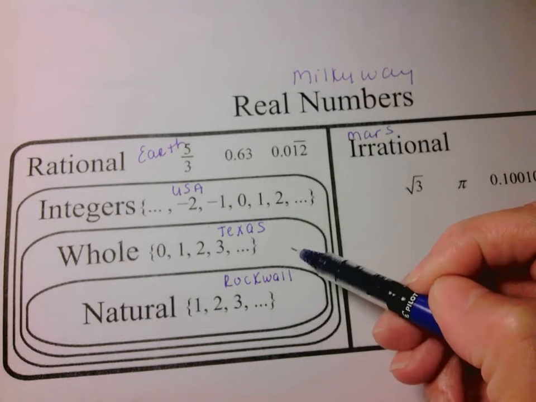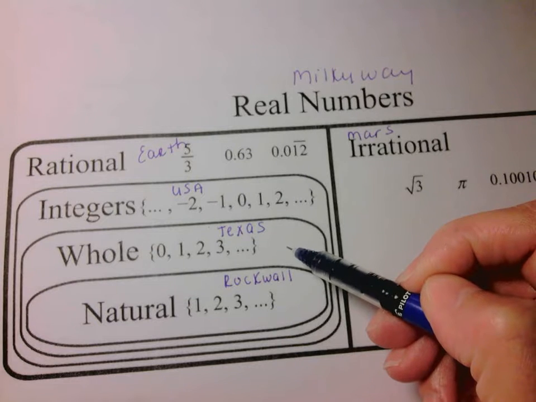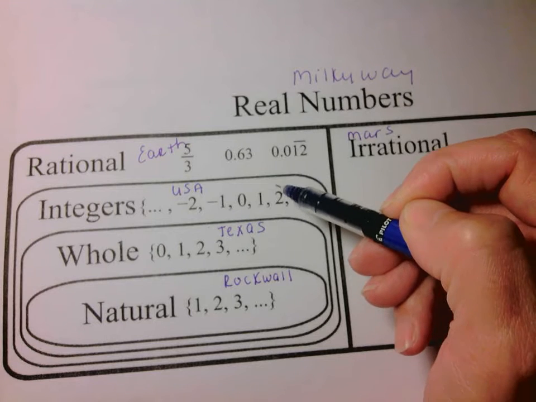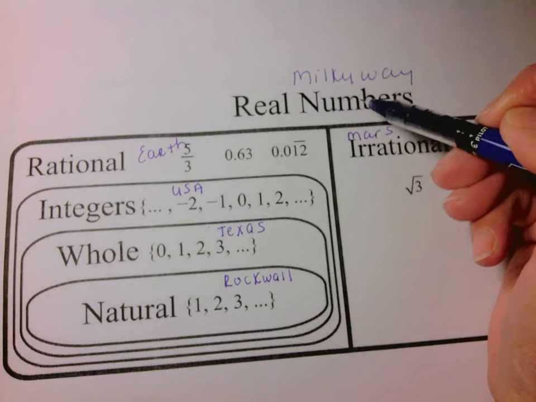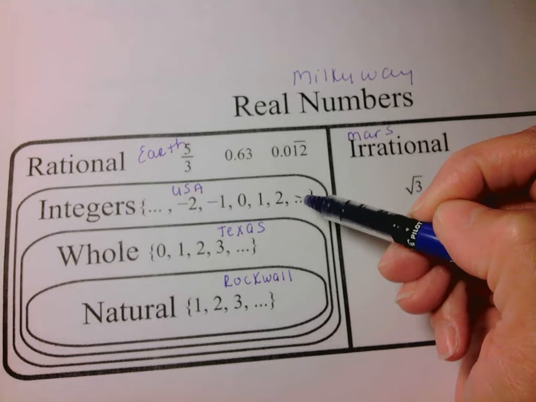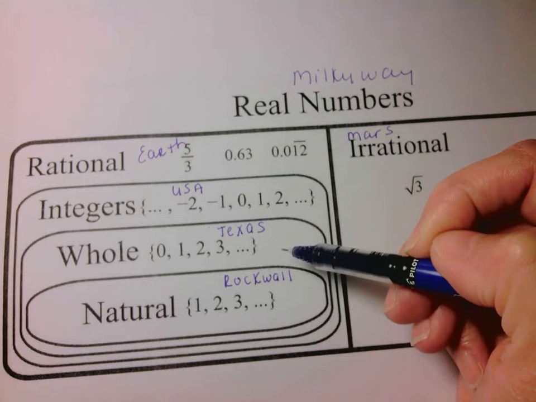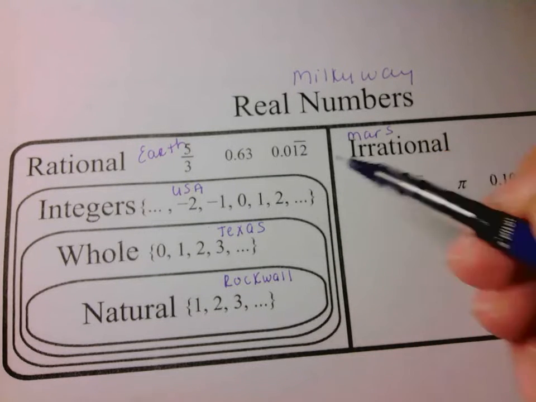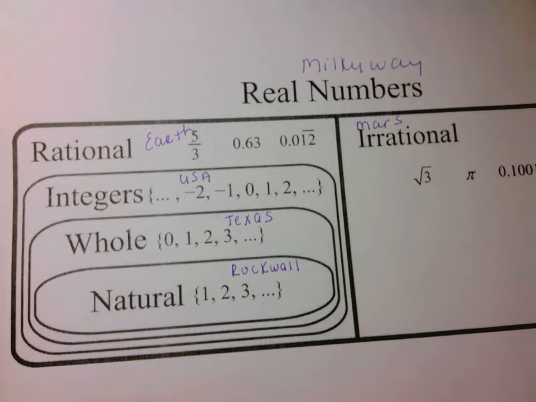But if you are in Texas, you're definitely in the United States of America, on planet Earth, in the Milky Way galaxy. If you're in the United States of America, you're not necessarily in Texas. But if you're in Texas, you're definitely in the United States of America. And so that's how that subset system works.